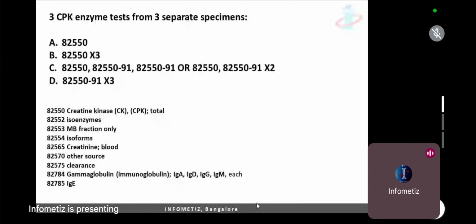What we have seen, number of specimens is equal to number of codes. In all, these are all tests. If they are doing multiple tests, you have to put the code multiple times with the 91 modifier. Write down, boss. You forgot in only one day, not even 24 hours. Use the 91 modifier, just one line on the top. For all tests, all repeated tests, use the 91 modifier.